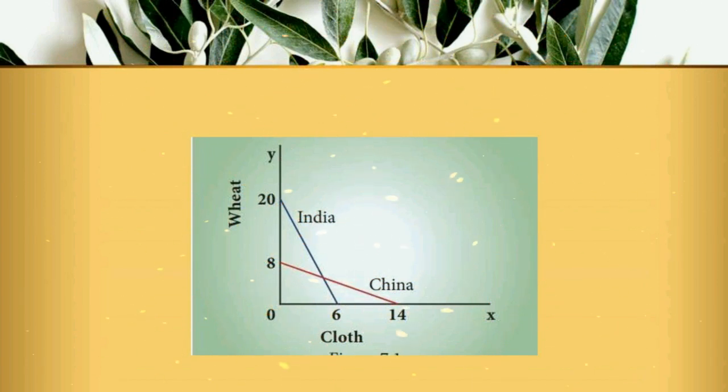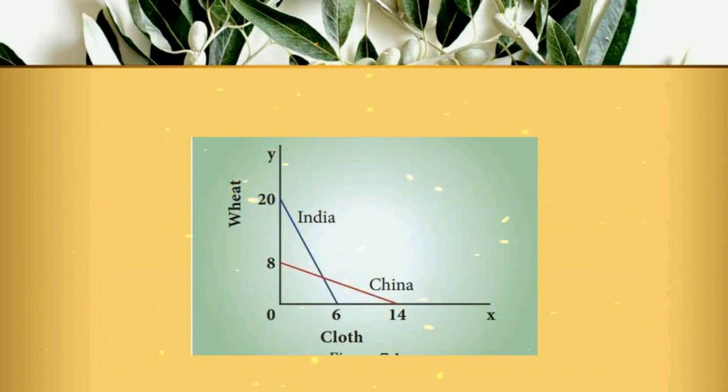The blue line shows that India has more cost advantage in production of wheat and China has more cost advantage in production of cloth.